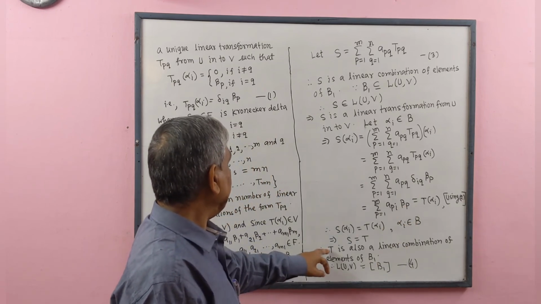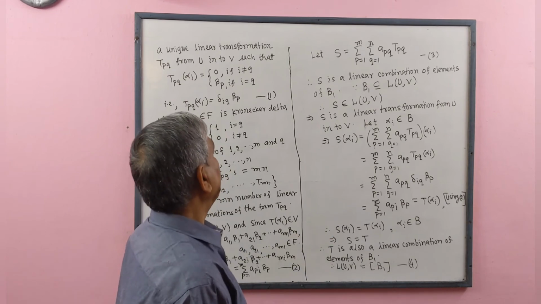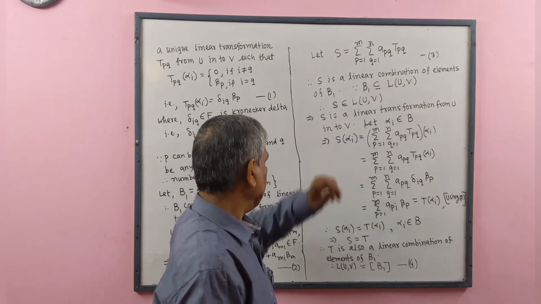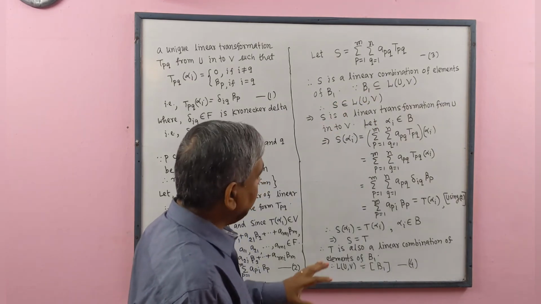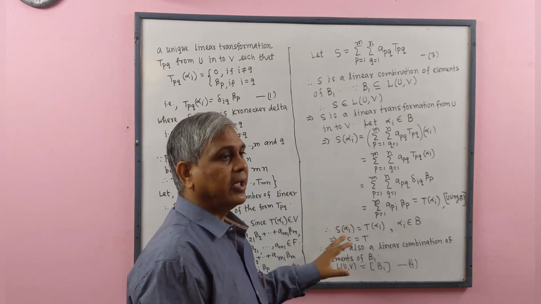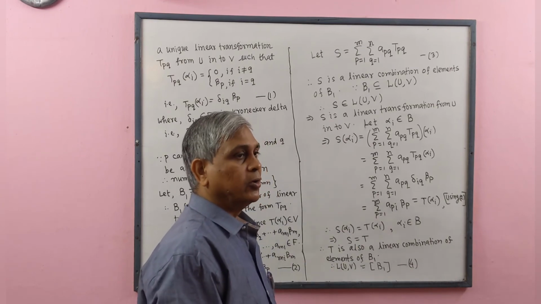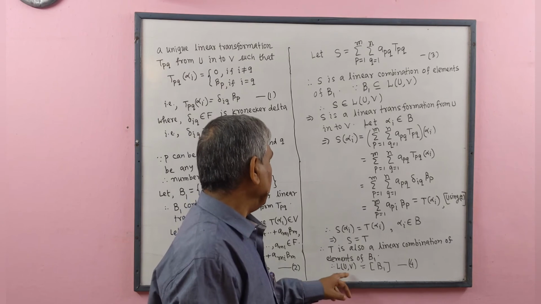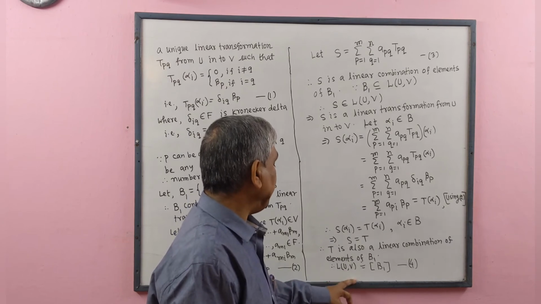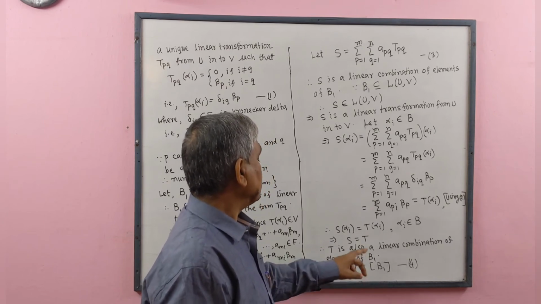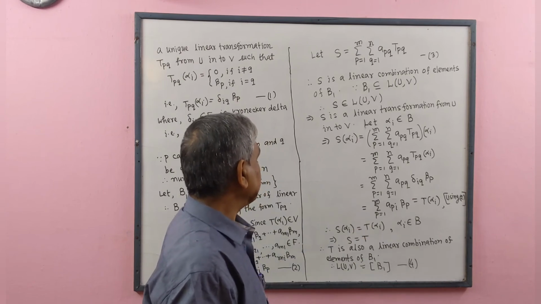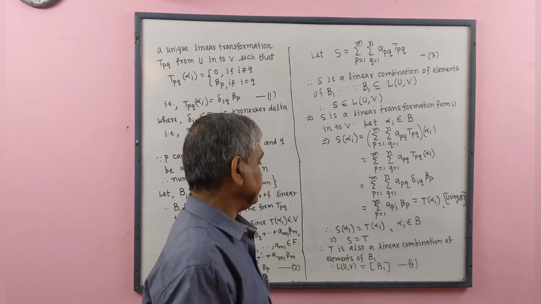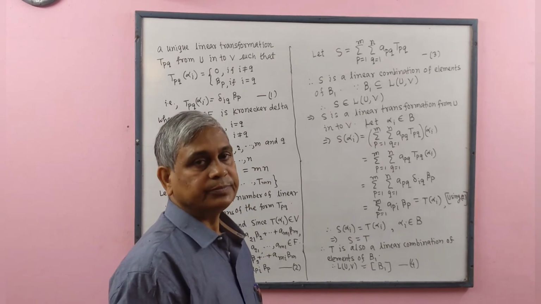T is an arbitrary linear transformation of LUV, and it is a linear combination of elements of B1. Therefore LUV is generated, or spanned, by elements of B1. This is number 4.